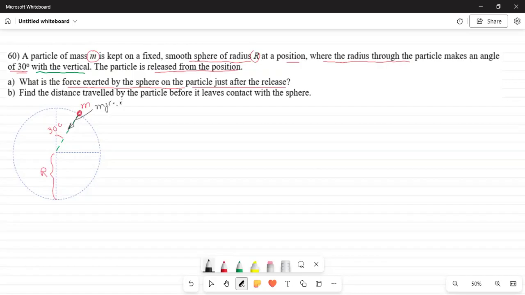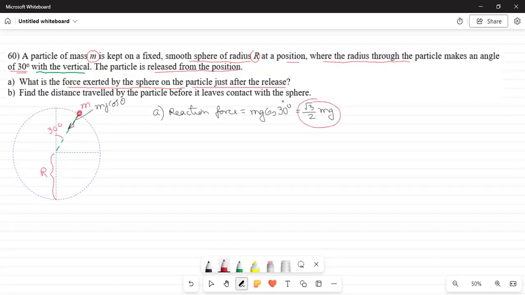So part A of the problem, the reaction force is equal to mg cos 30. Cos 30, you know, is root 3 by 2.